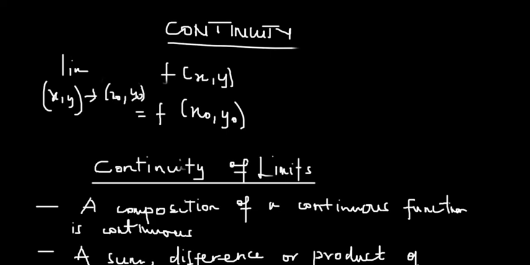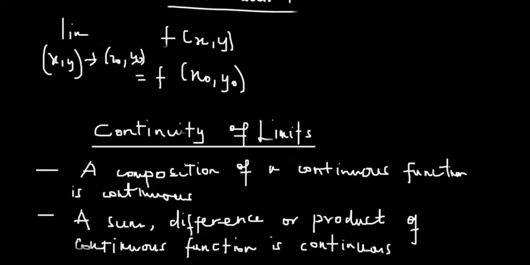Once you end up with a specific value, it means that your limit is continuous. But once you do not end up with a specific value, your limit could be discontinuous.